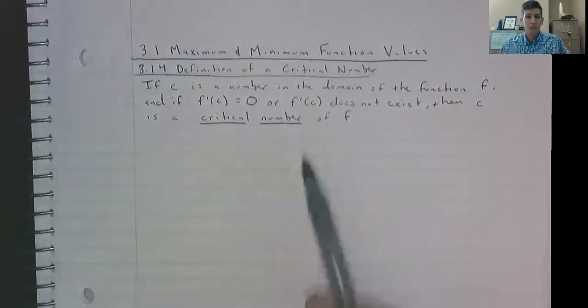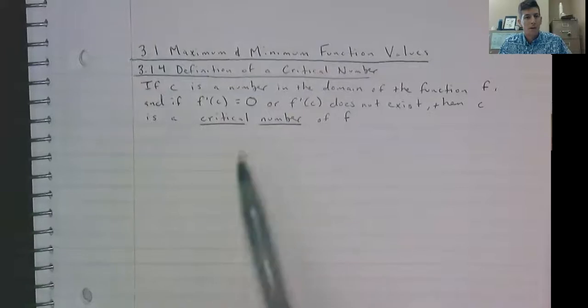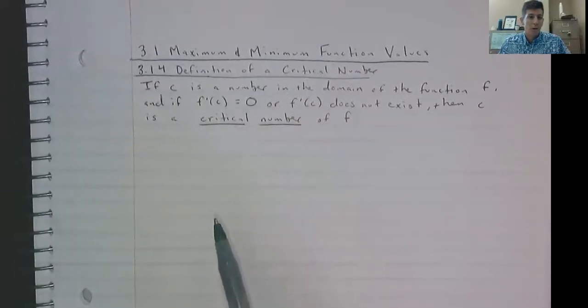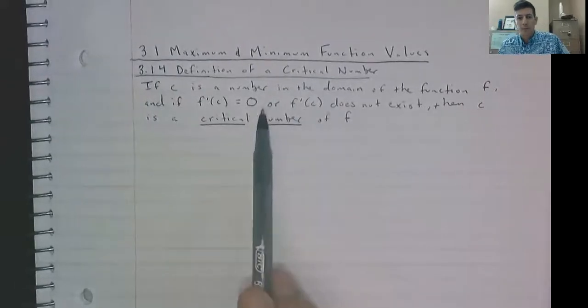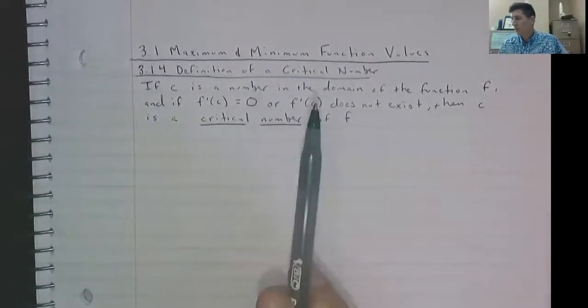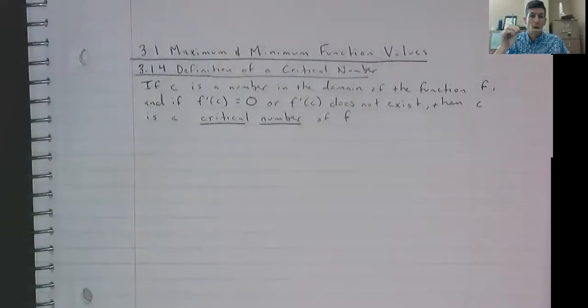Okay, so those are our two things we're hunting down with our derivatives. In order to help inform our picture of what our function is doing, if we can find the places where our derivative is 0, and thus a horizontal tangent, or if it doesn't exist, which is a little bit of a trickier case, but we'll do some visual examples to get a sense of why that might point to a max or a min.